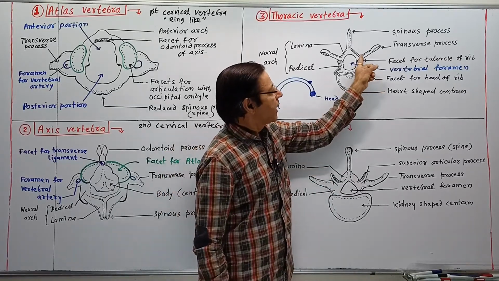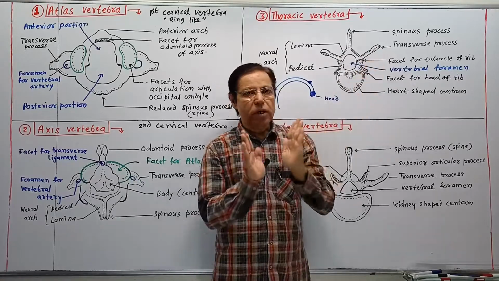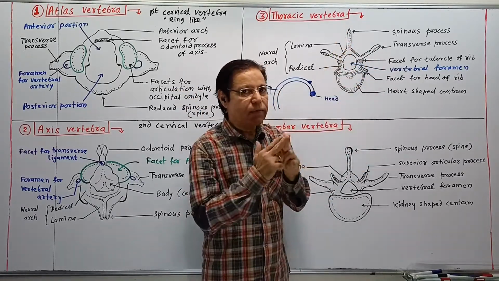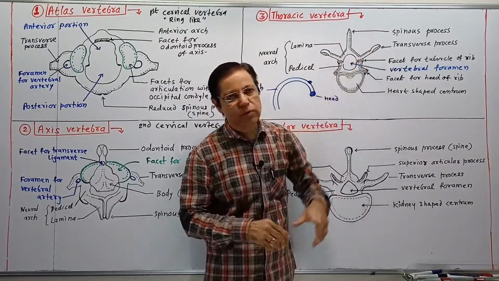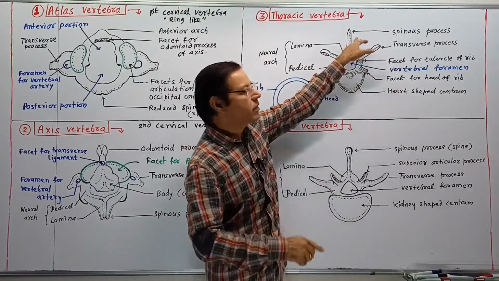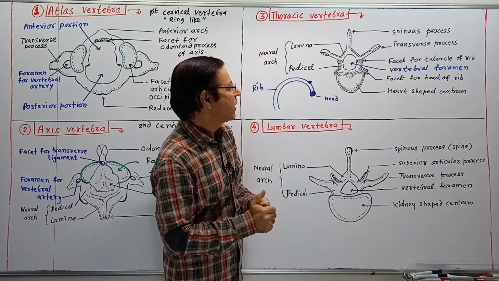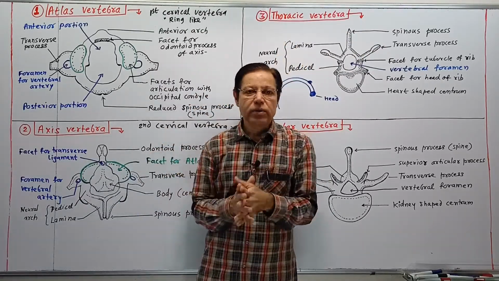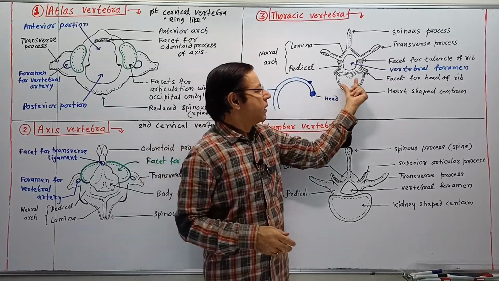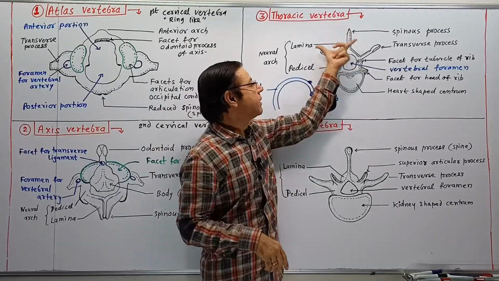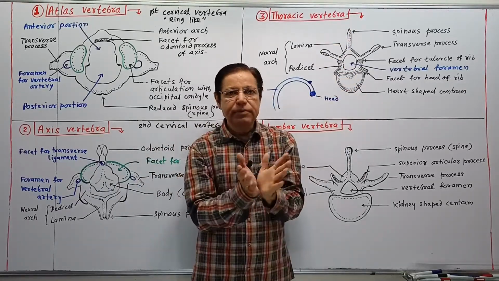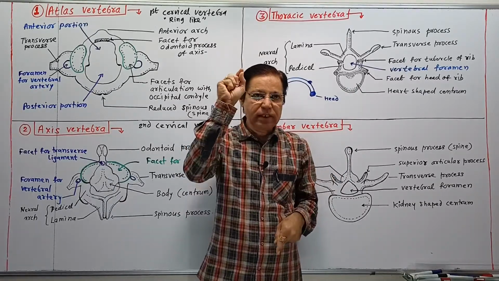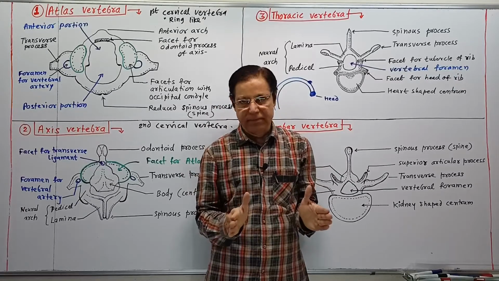Here again, well-developed transverse processes are there, and a well-developed longer spinous process, but the spinous process is somewhat pointed. In this way, as compared to cervical vertebrae, every thoracic vertebra has a heart-shaped centrum, but their size gradually increases from thoracic vertebra 1 to thoracic vertebra 12.